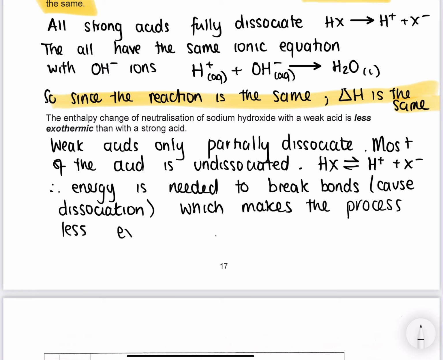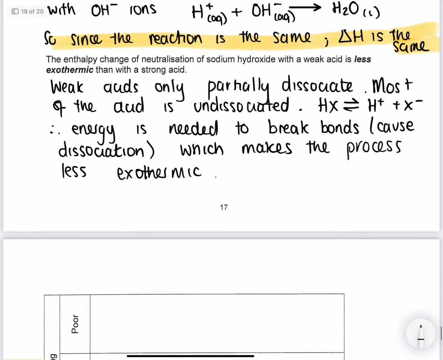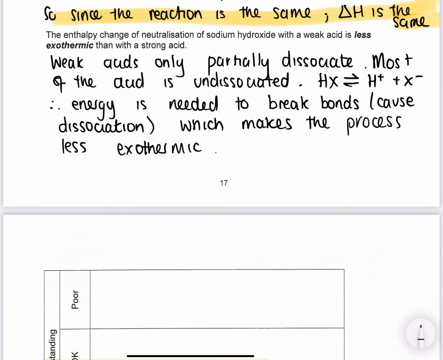less exothermic. And I just want to draw a little diagram to help us understand that. Run out of space here though, so squeeze it in. So if we imagine for our strong acids, we've got H plus and OH minus, and we said in both those examples it was roughly minus 56 to get us down to water liquid. When we're a weak acid, the first thing that we have to do is put energy in to make our HX dissociate.